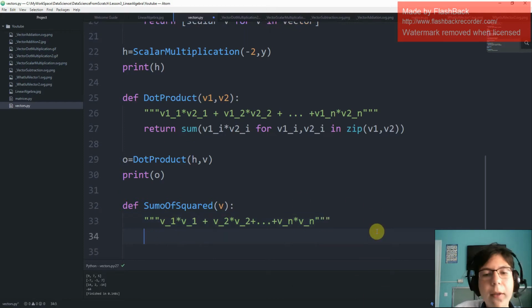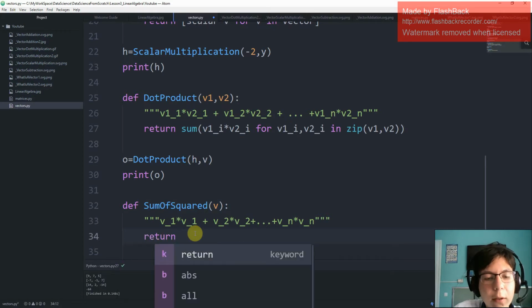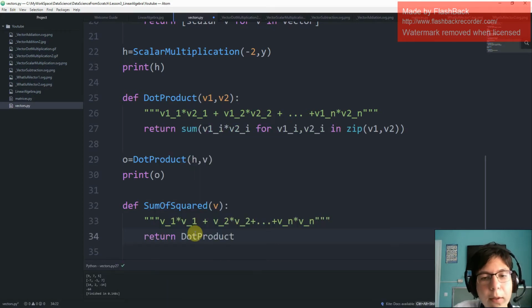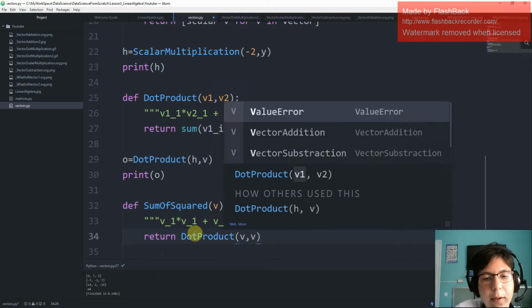So basically you take each value of the vector, you multiply it by itself, and then you add everything up. So using our dot product function, it is very easy to implement this function. You just return the dot product of v and v.